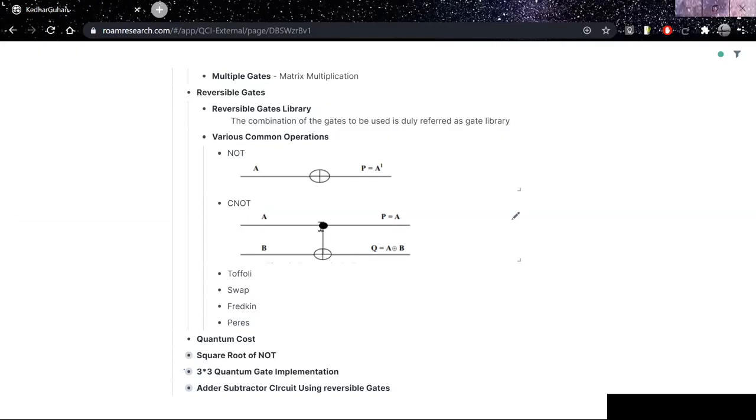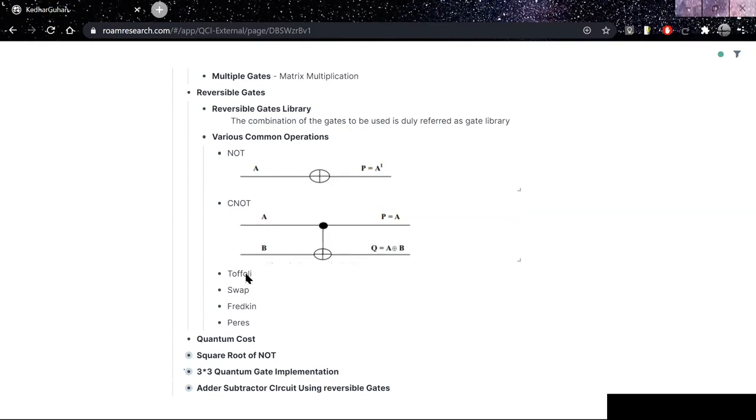Whenever A is 1, only then the bit B is being flipped. If you see the truth table for this, it's basically just an XOR truth table. But the physical meaning is that if bit A is 0, then we don't touch bit B. If bit A is 1, then bit B is being flipped.